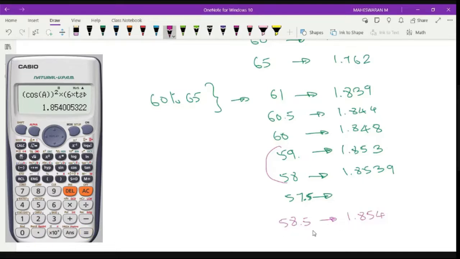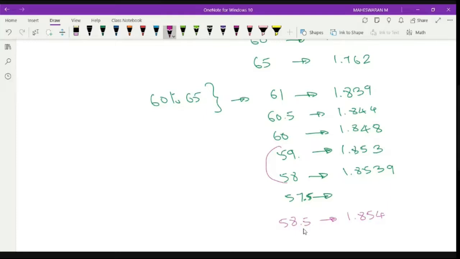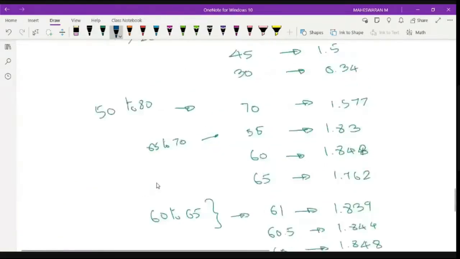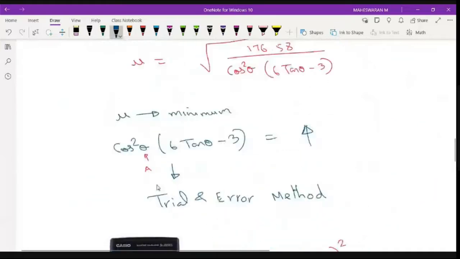So don't go beyond that. That is enough, right? So you need some approximation. So I identify that your theta value will be 58.5° in order to get a higher value, right? So this is mainly approximated.